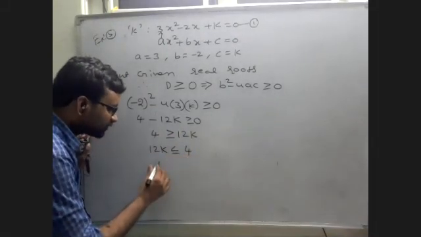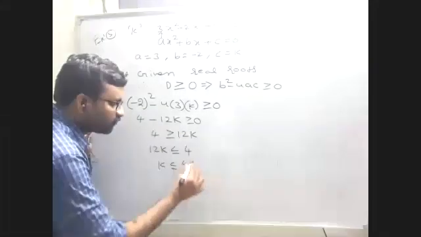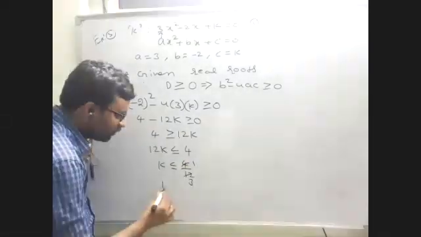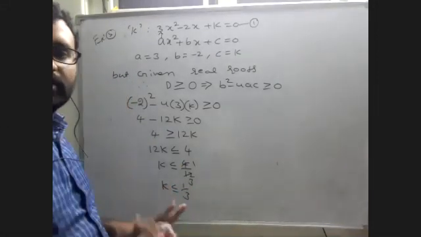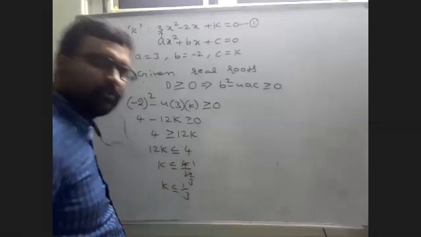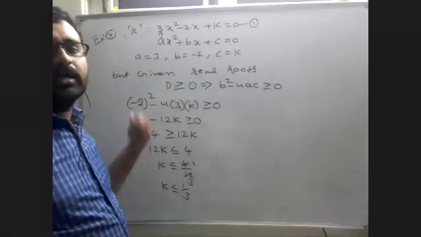Now taking 12 to the other side, k less than or equal to 4 by 12, which is 1 by 3. The values which are less than or equal to 1 by 3 are all solutions, all are k values.